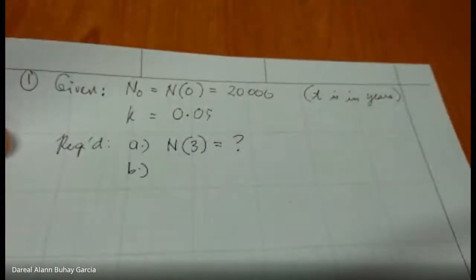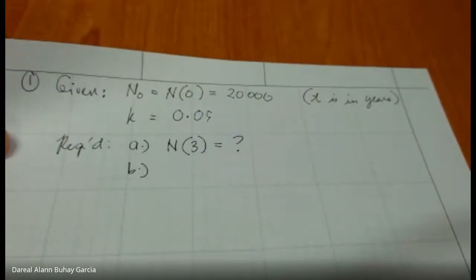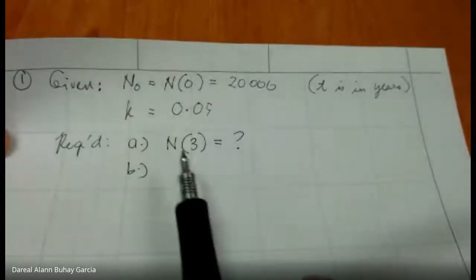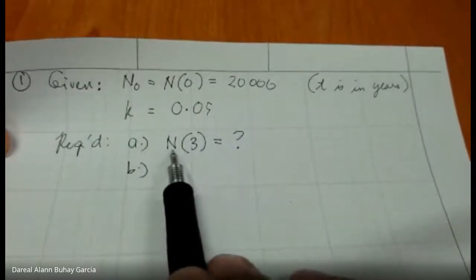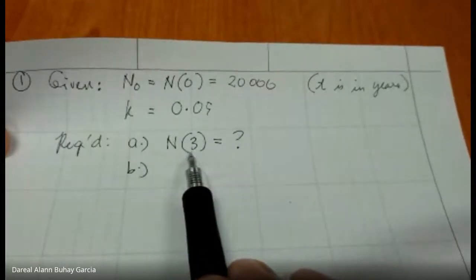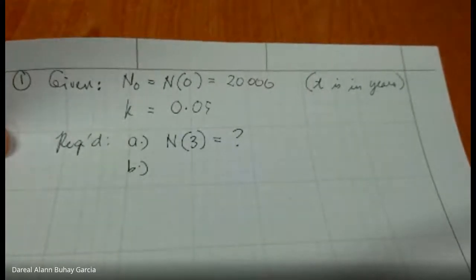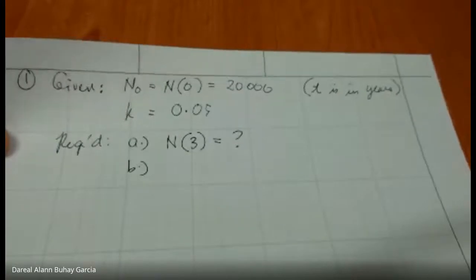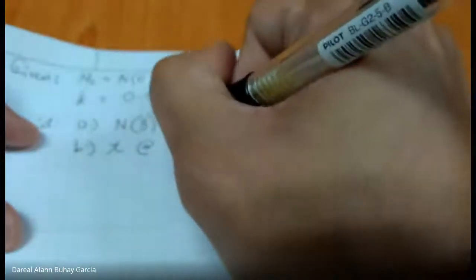Okay, so unsa man na siya? T, the time at N of T is equal to double in value. So double sa 20,000. So 40,000. Okay, so mao na itong mga given and required.